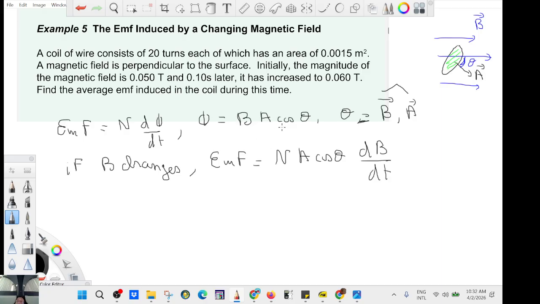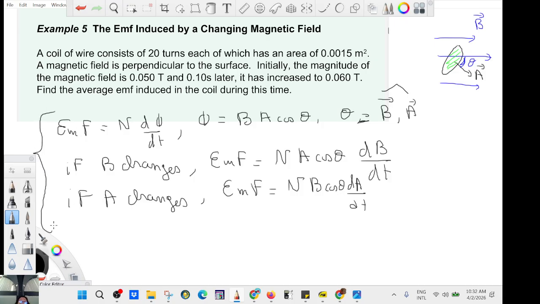Okay, when you take the derivative, A does not change and cosine does not change. If it's the area that changes, it's perpendicular, so it's going to be N B cosine theta dA. Next we'll see when it's the angle that changes, if it's spinning.